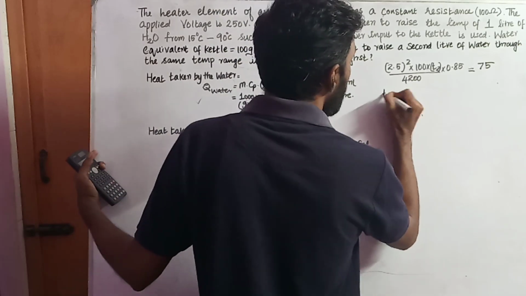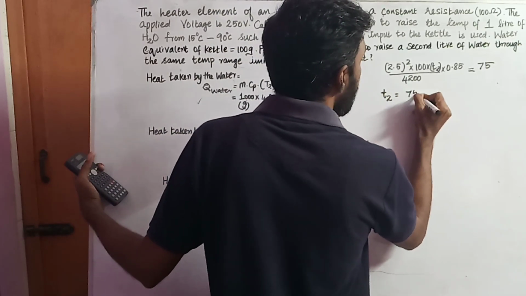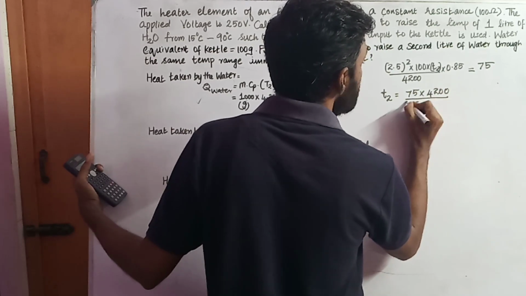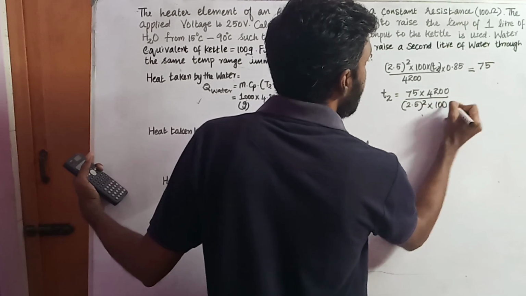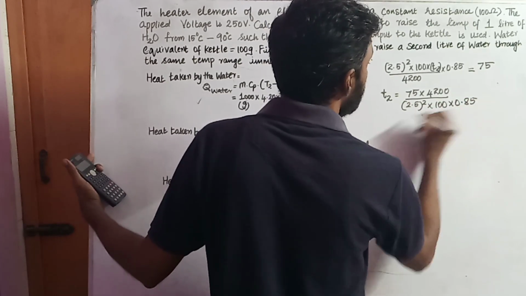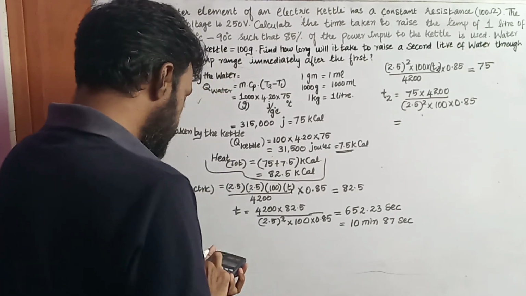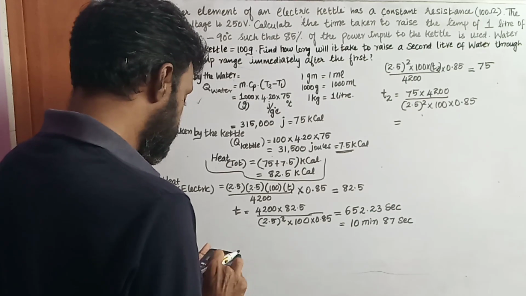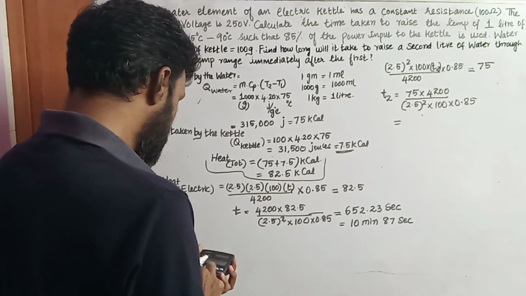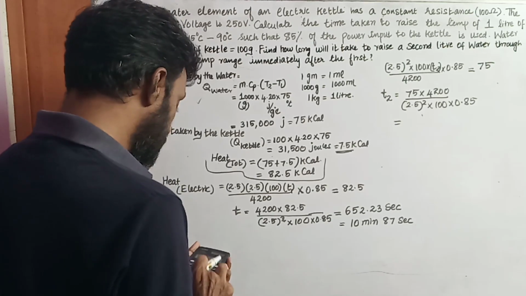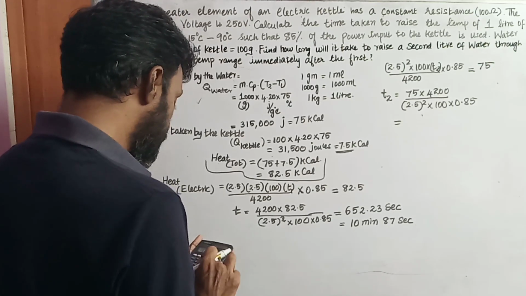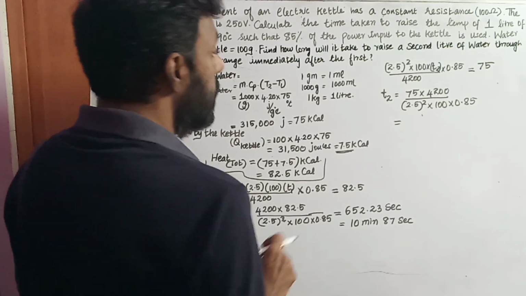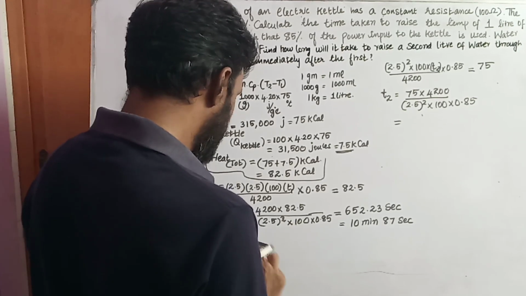So T2 will be 75 into 4200 divided by 2.5 whole square into 100 into 0.85. So that will be 75 into 4200 divided by 2.5 divided by 2.5 divided by 100 divided by 0.85.